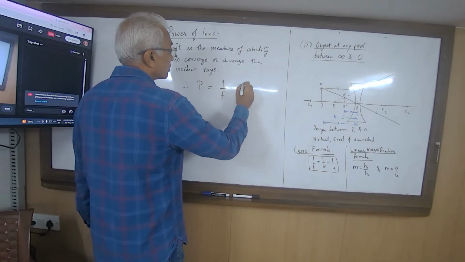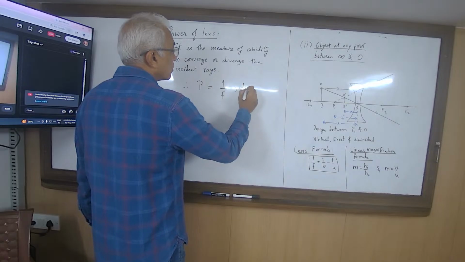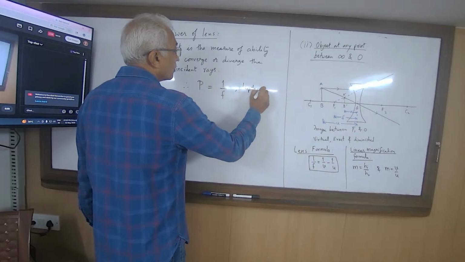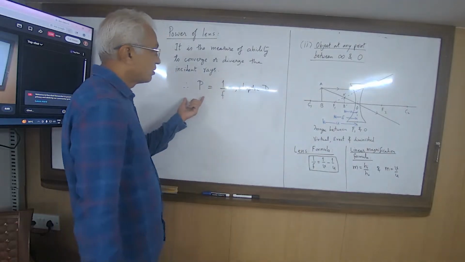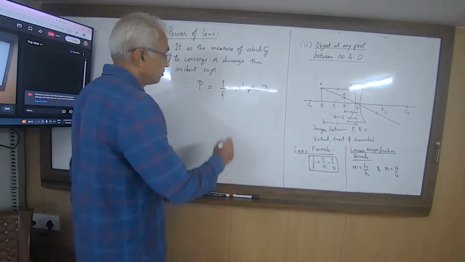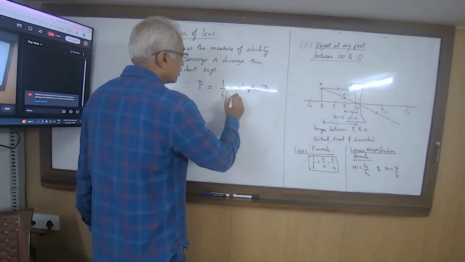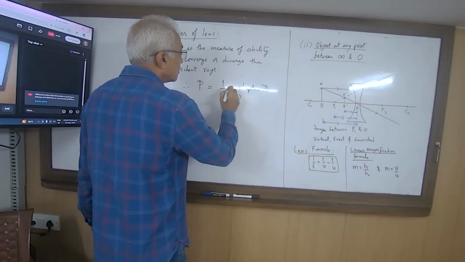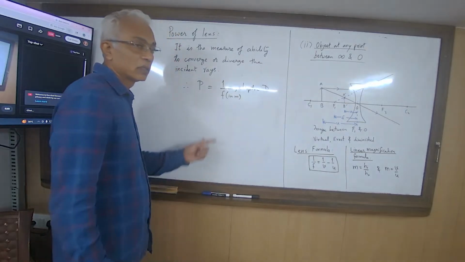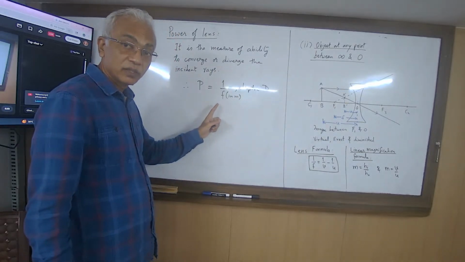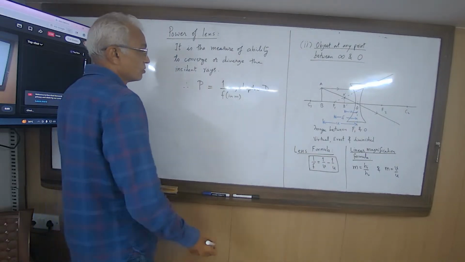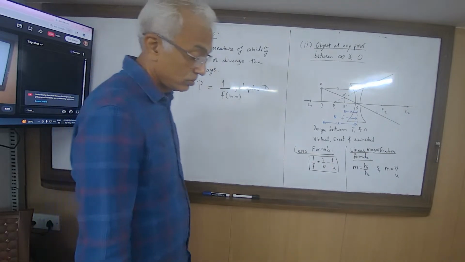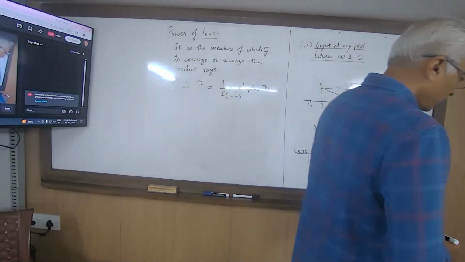It is the diopter, and its symbol is D. When power is expressed in diopter, the focal length has to be in meter. Remember this. So the lens with a short focal length will have more power.